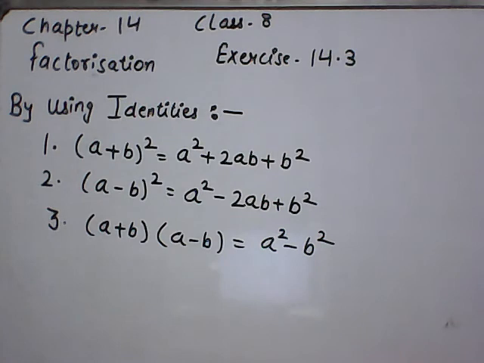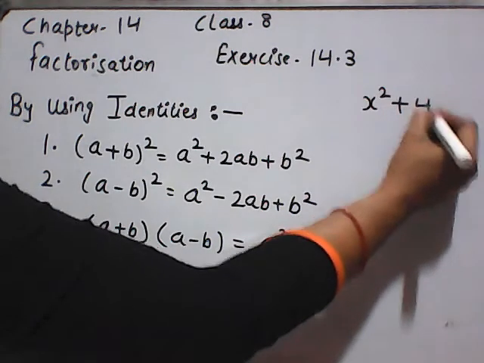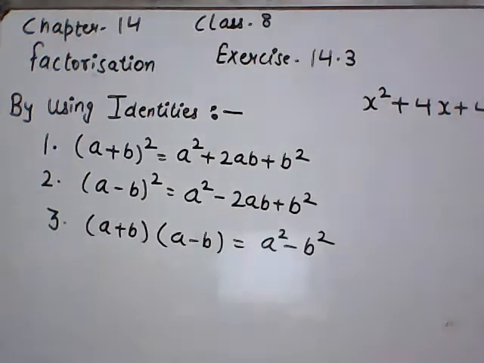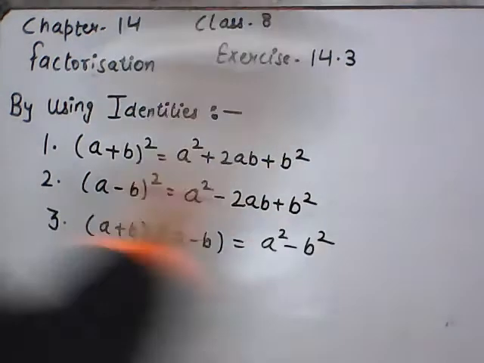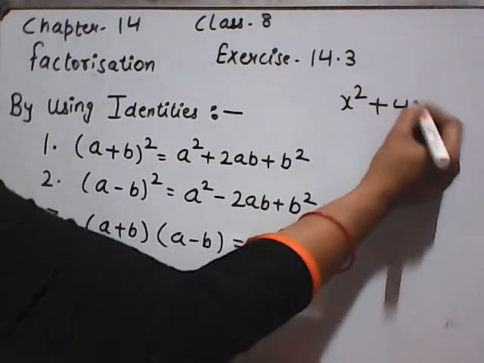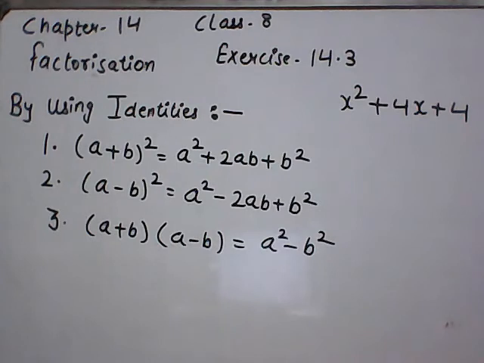First question is x square plus 4x plus 4. In this question, you have to factorize this expression by using identities. You have to check which identity fits this expression.